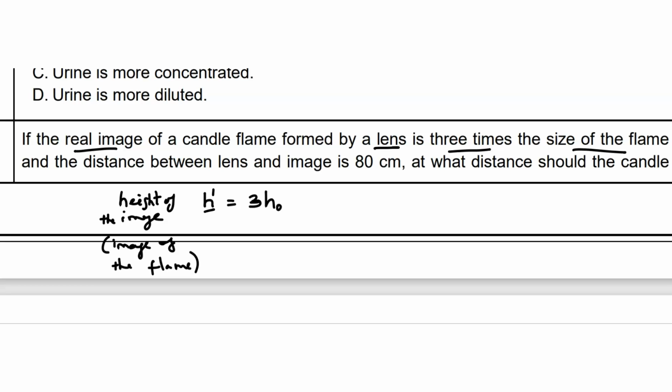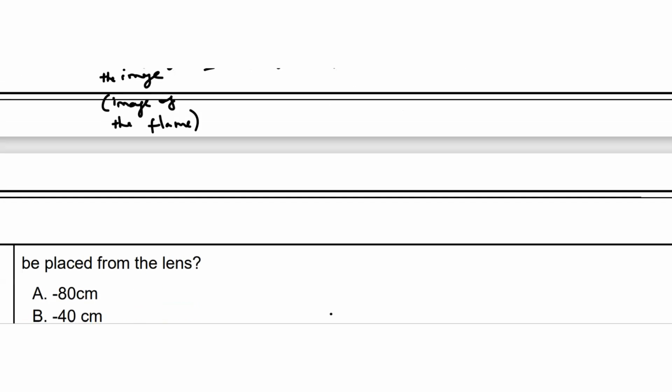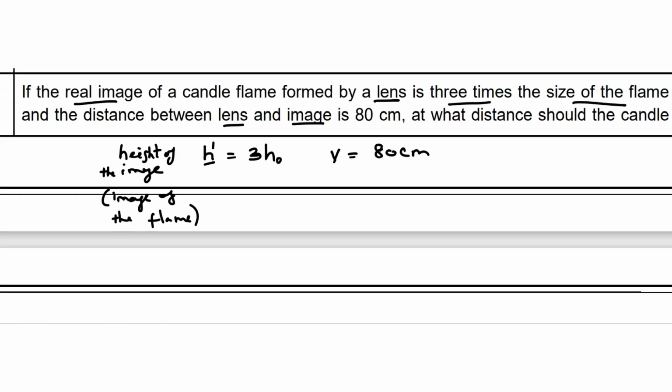And the distance between the lens and the image. So they have given the image distance, because it is between the image and the lens. So v is equal to 80 centimeter. At what distance should the candle be placed from the lens? So they are asking for the object distance. Now the question is whether v is positive or negative.